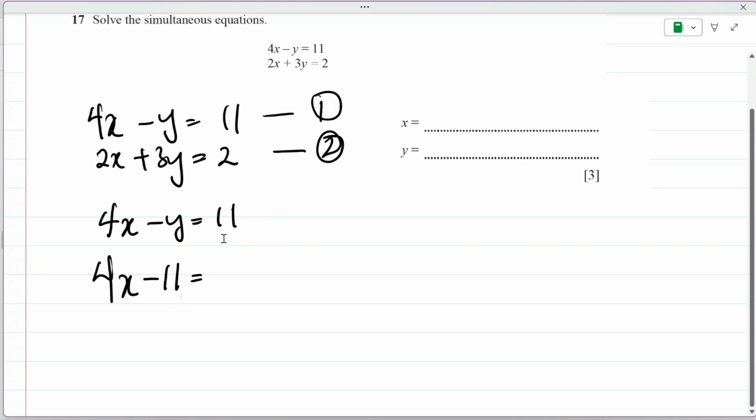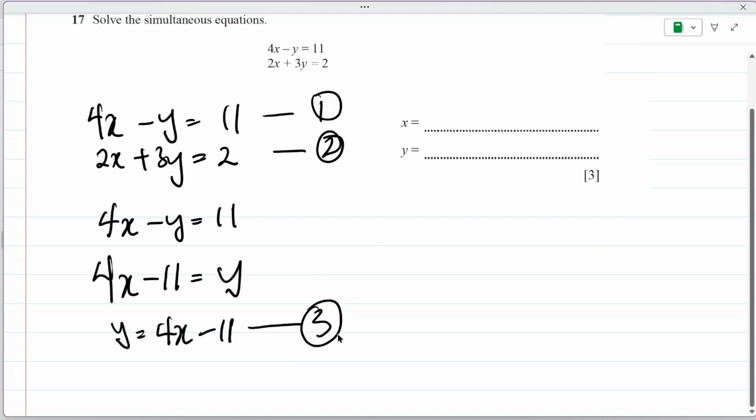The result is still same as saying plus 11 crosses the equals sign and turns to minus 11. Then you have minus y, this y owns this negative. It crosses the equals sign and turns to plus y. So we can write this as y equals 4x minus 11, same thing as y equals 4x minus 11. So from equation 1, we created equation 3.